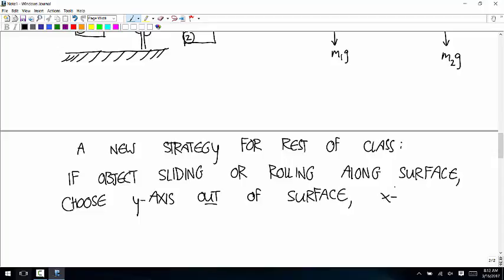And then the x-axis will be parallel to the surface. If you have something sliding or rolling along a horizontal surface, then that ends up just being our usual default coordinate system. You know, the y-axis is pointing out of a horizontal surface. The x-axis is parallel to it.